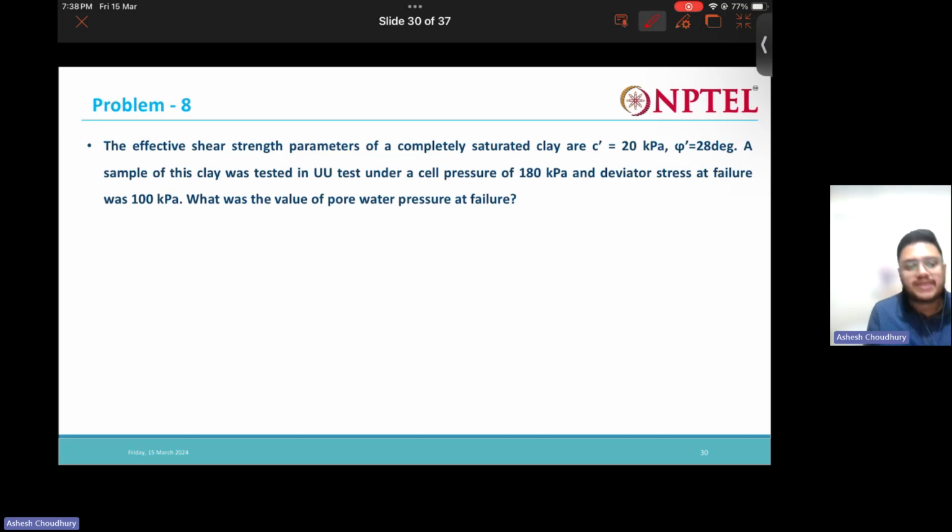Next problem. The effective shear strength parameters of a completely saturated clay are c' equal to 20 kPa and phi' equal to 28 degrees. A sample of this clay was tested in a UU test under a cell pressure of 180 kPa, and the deviatoric stress at failure was 100 kPa.